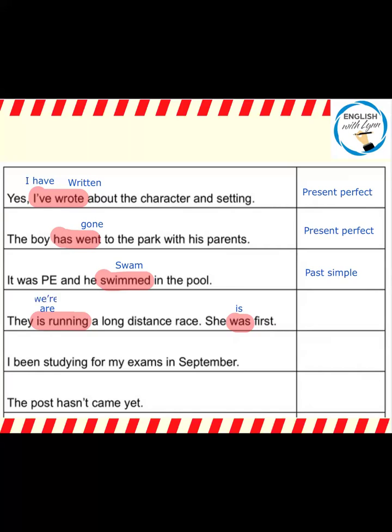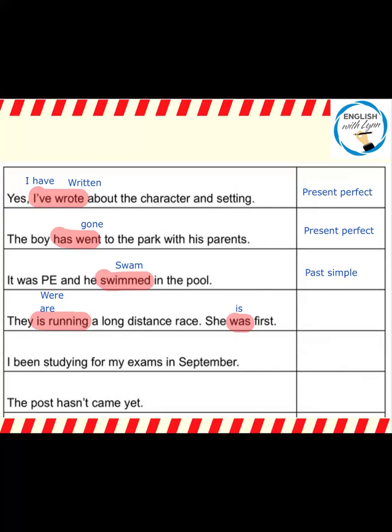So it's entirely up to you whether you want to change it all to present tense or whether you want to keep it all in past tense. And it will depend very much on what you are writing.